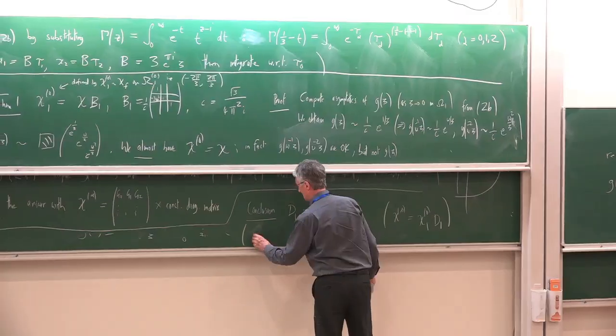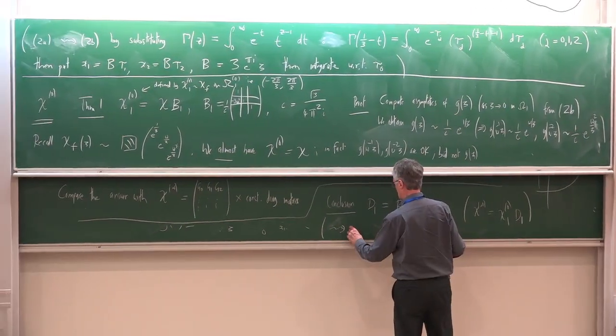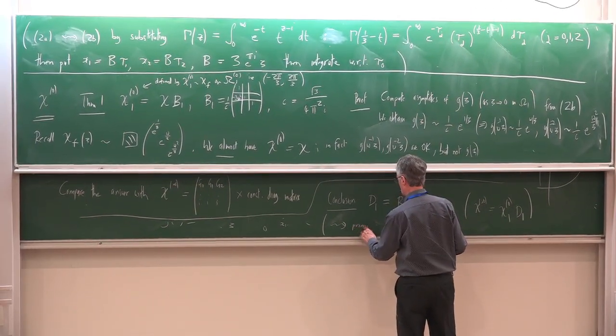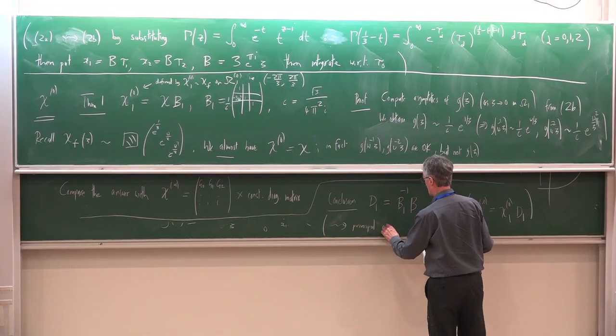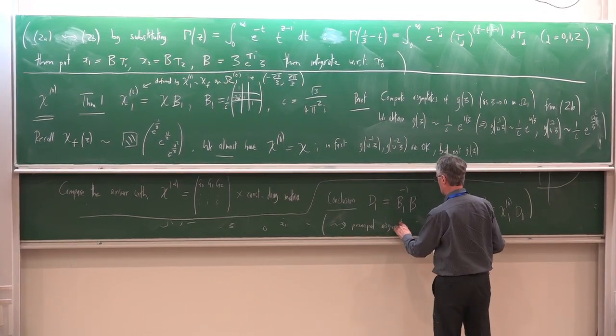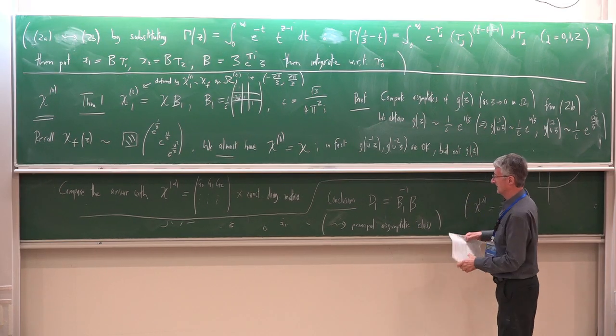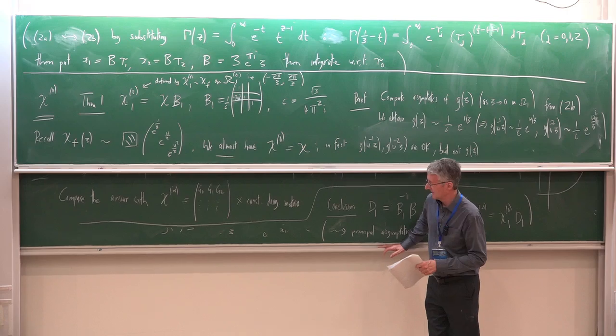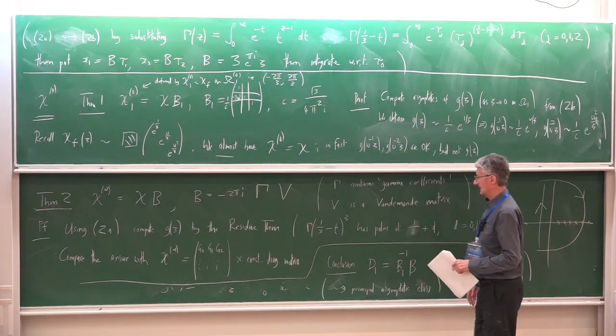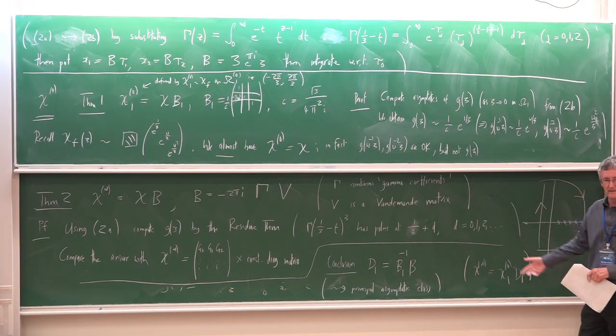So the principal asymptotic class, the thing which I explained kind of roughly in the first lecture, that is actually part of the connection matrix.